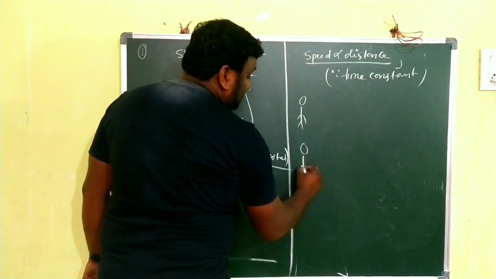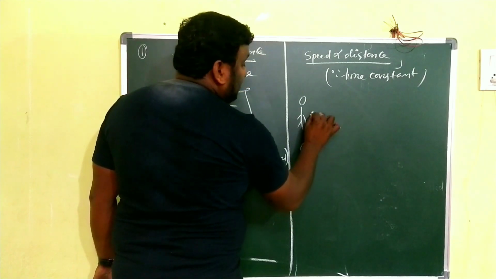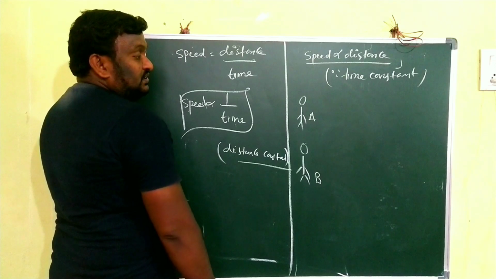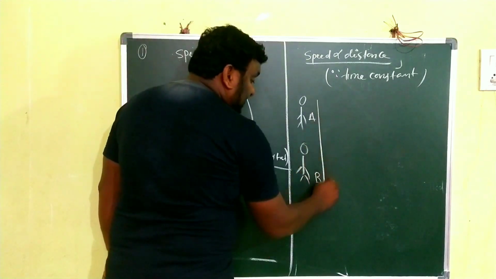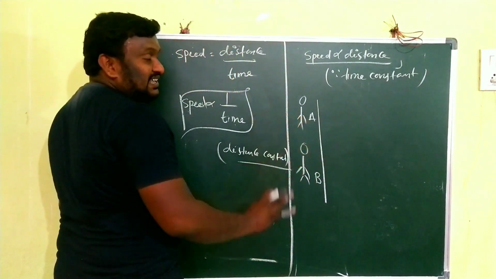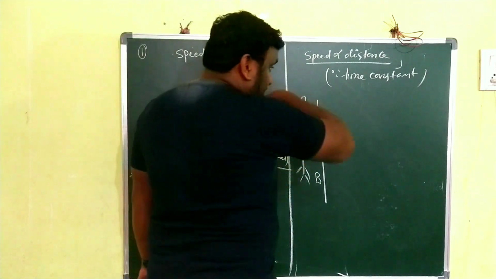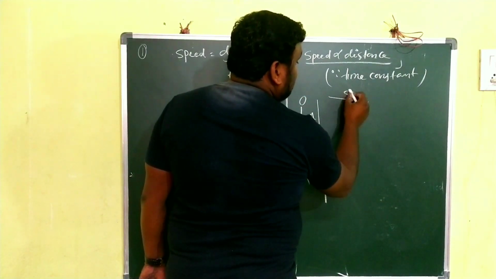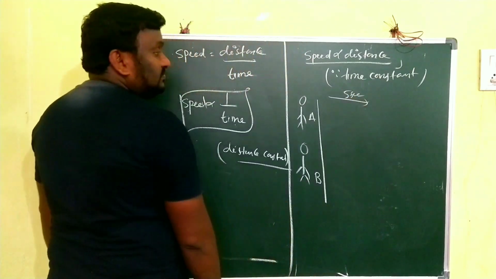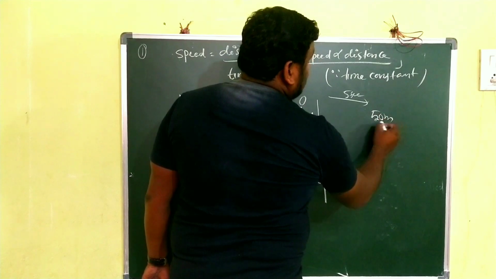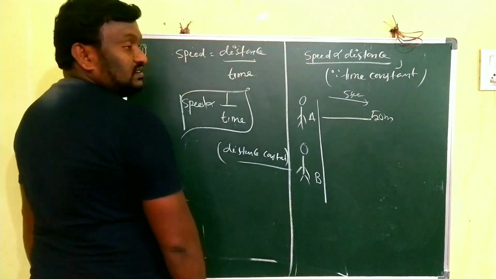Two boys are there. One boy is A and one boy is B. Clear? So they started running simultaneously. They started a running competition simultaneously. Here after 5 seconds, A covered 50 meters distance. Clear?